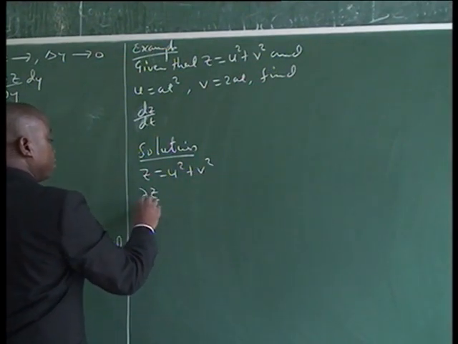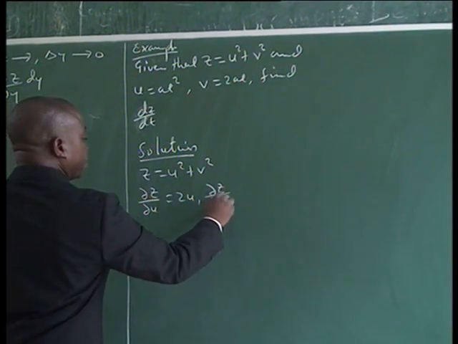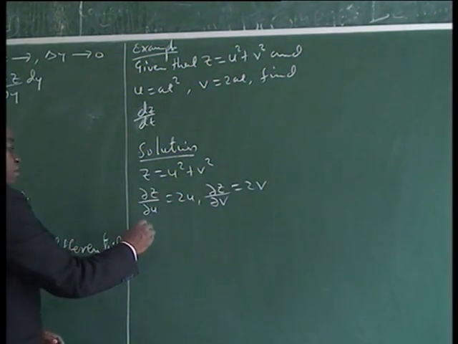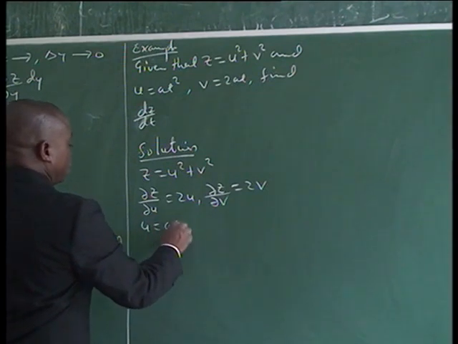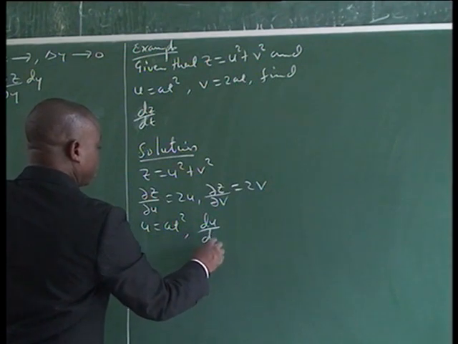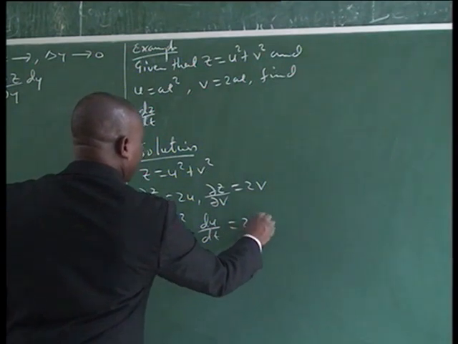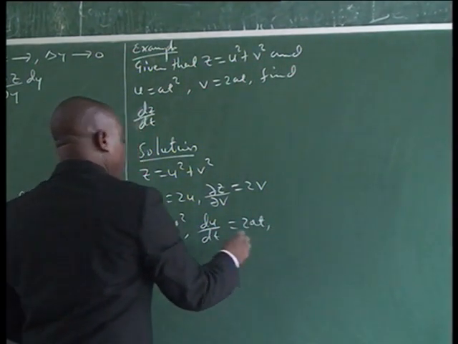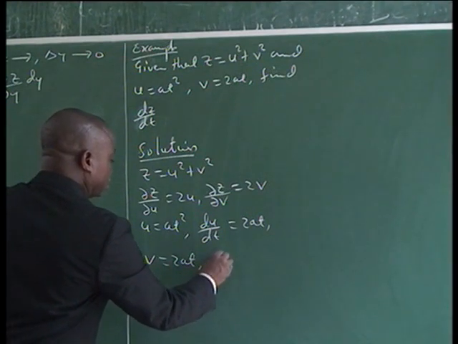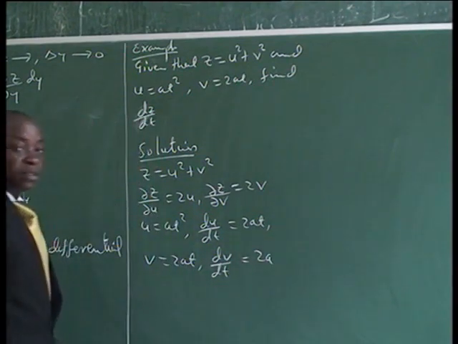Now partial z partial u will be equal to 2u, and partial z partial v will be equal to 2v. Now u is equal to 8t squared, and so du/dt will be equal to 16t. We also have that v is equal to 8t, so that dv/dt will be equal to 8.